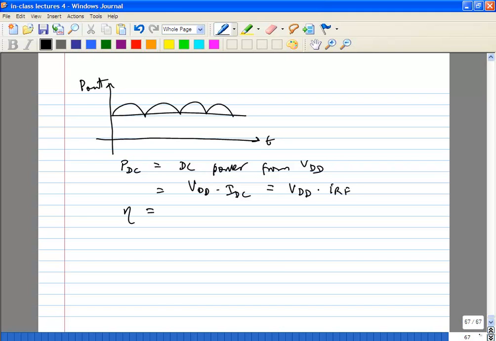So this is called drain efficiency. It's nothing but P out over PDC.